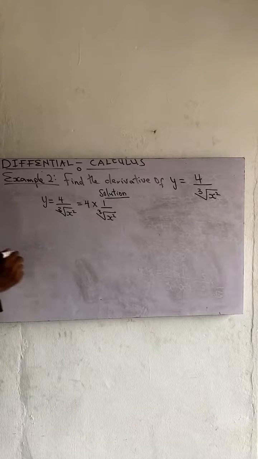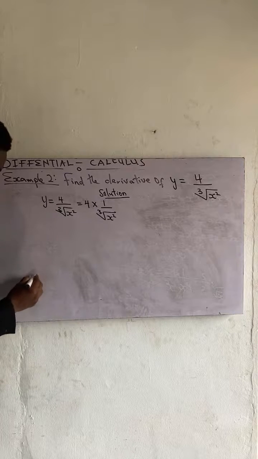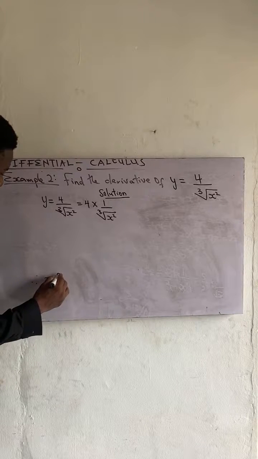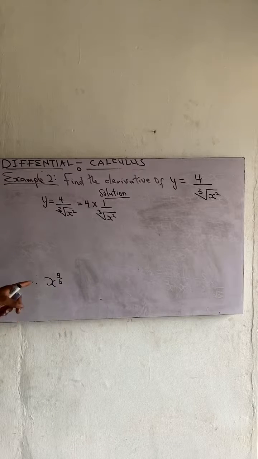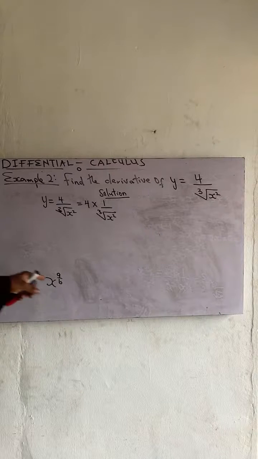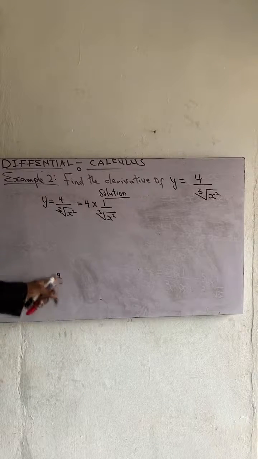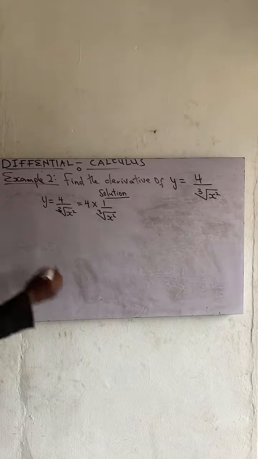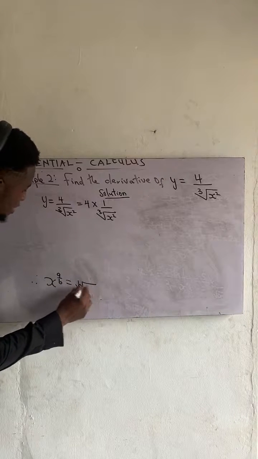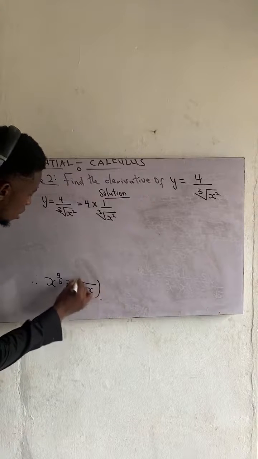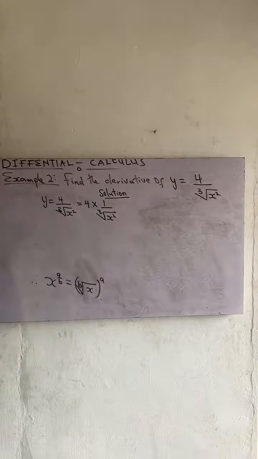This hint is that if you have x raised to power a over b, you can express this as the b-th root of x, all raised to power a.